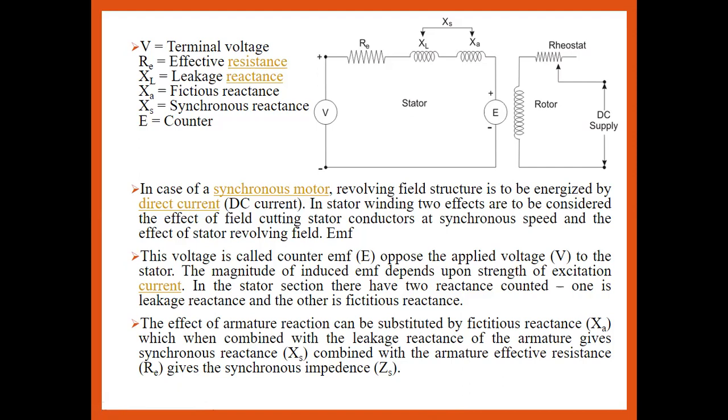The effect of the armature reaction is substituted by a reactance added in series with the armature reactance, combined with the leakage reactance of the armature to give Xs, and combined with the armature resistance, Zs equals Re plus jXs. This is the total equivalent circuit representation of the synchronous machine referred to the stator side, and it can also be done from the rotor side.